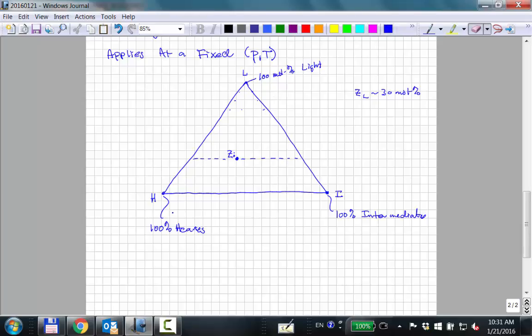So for the heavy, it's about halfway between here and here, not quite. So maybe it's got 55% heavies. And then of course, by difference, you'd have 15 mole percent intermediates.